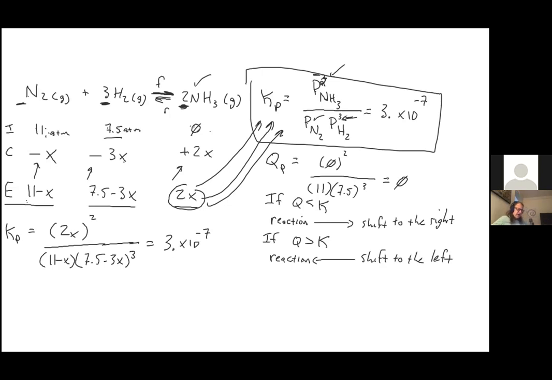Okay. Now, here's what we can do. The question in this particular example says, can you predict the equilibrium pressure of ammonia? That's NH3. So, can we find the pressure of ammonia at equilibrium? Well, it really just depends on whether we can solve this equation.